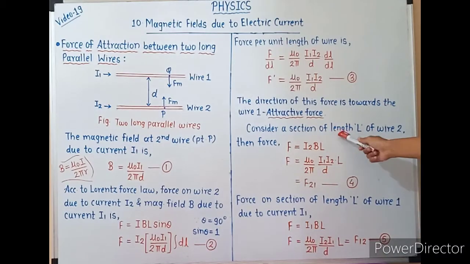Now consider a section of length L of wire 2.